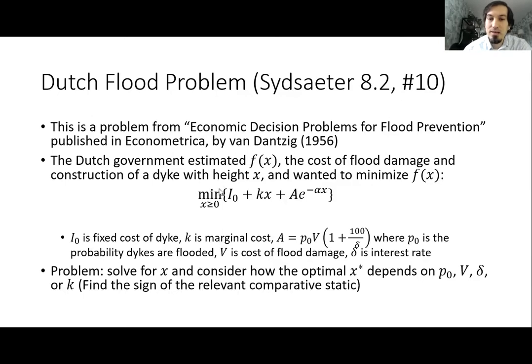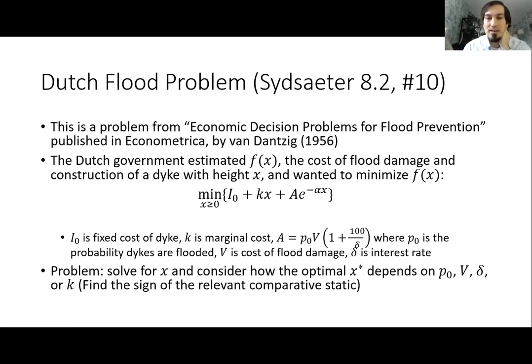What they did was estimate not just the cost of building the dike, but the cost of flood damage and the cost of the dike together. Let me explain what this is. It's called an objective function. The thing that they want to minimize is what's in braces here. I0 is the fixed cost of the dike.